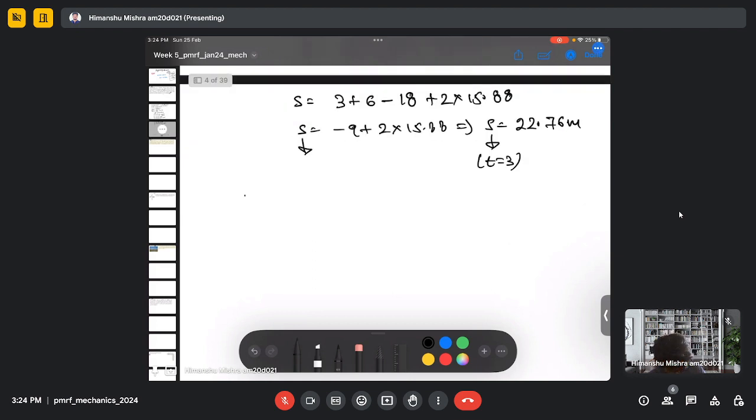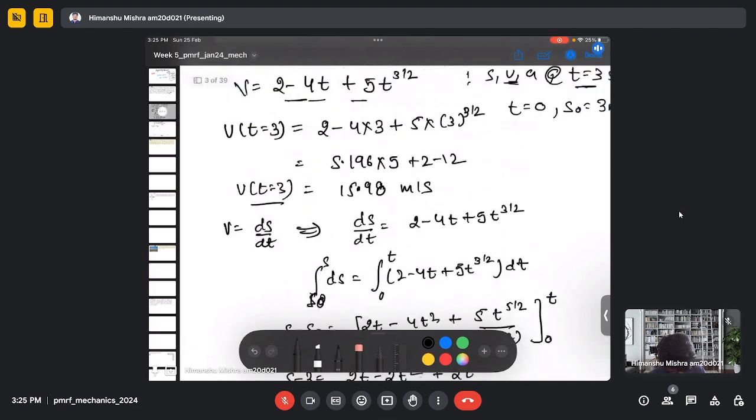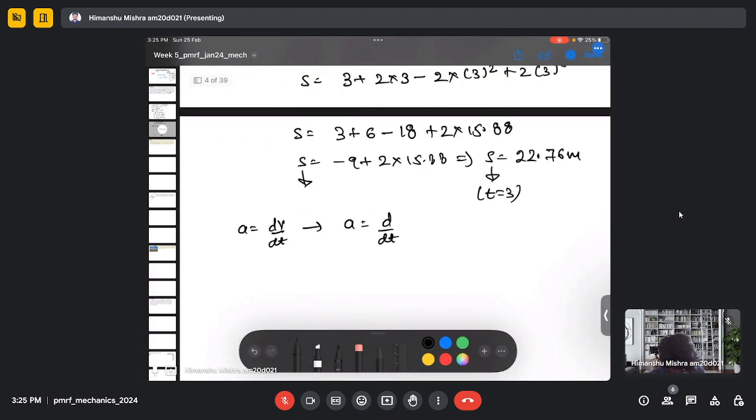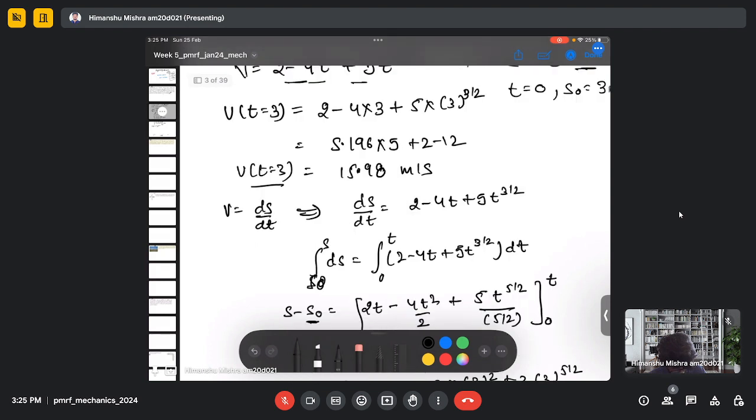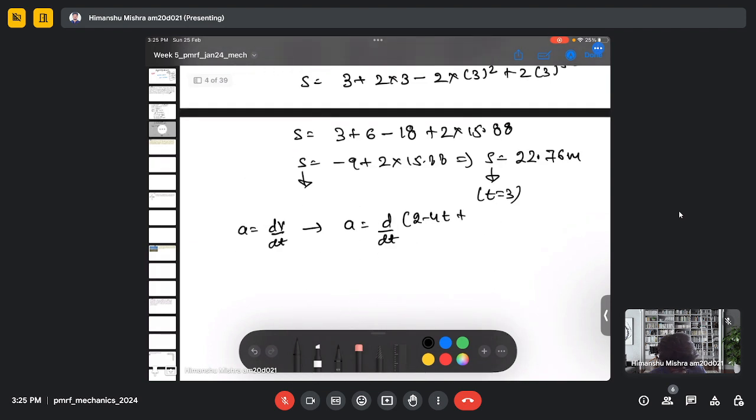And similarly, we can calculate the acceleration. So it will be a, and we have given the velocity 2 minus 4t plus 5t^(3/2).